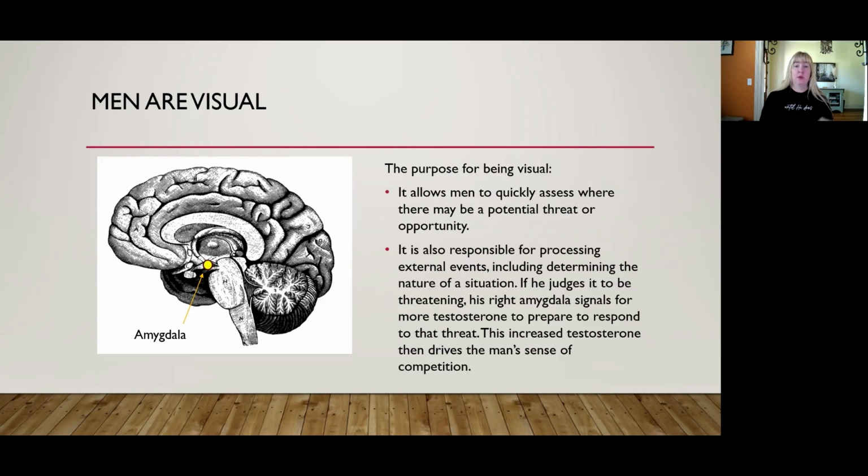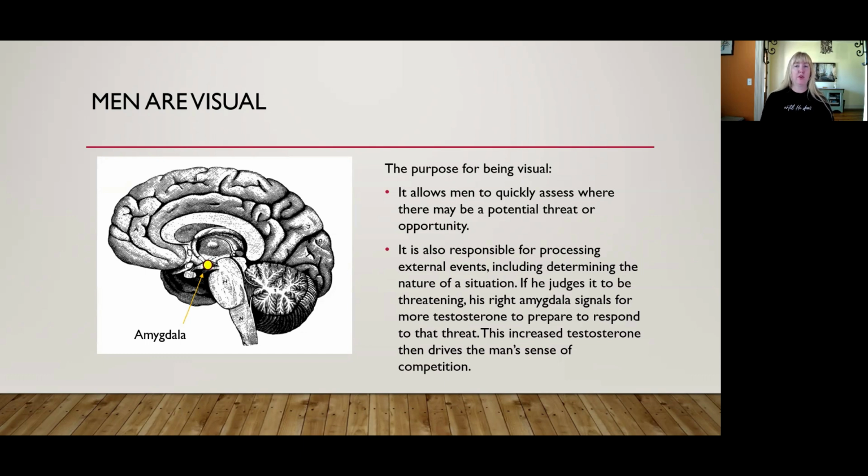So the purpose for being visual, as I said, is that it allows men to quickly assess where there may be a potential threat or an opportunity. And the right amygdala is also responsible for processing those external events, including determining the nature of a situation. Based upon that determination, the right amygdala is the part of the brain that will signal for more testosterone.